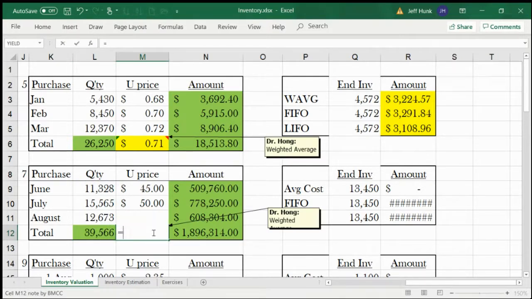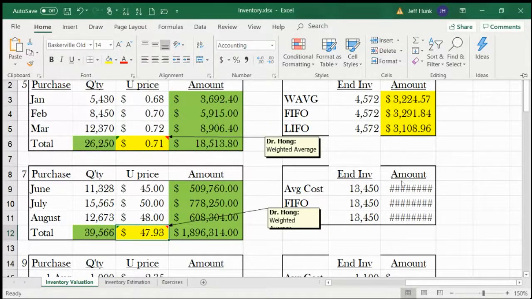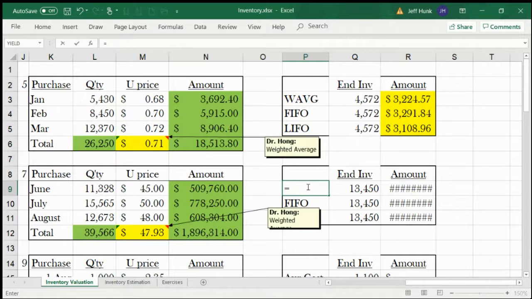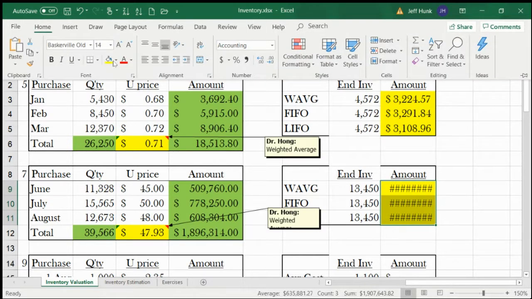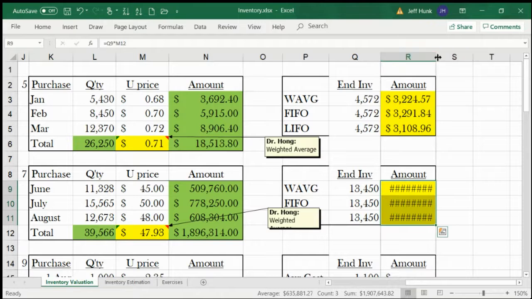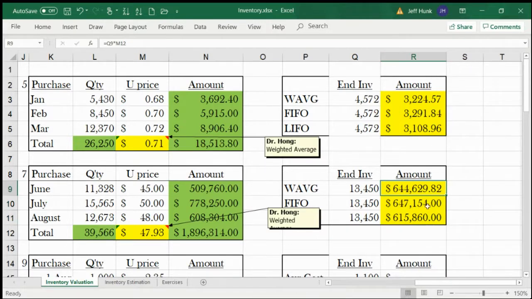And then our weighted average unit price is this divided by this. And this column is automatically populated because the formula was already filled in there, as you can see. Weighted average cost method, you multiply this by this.